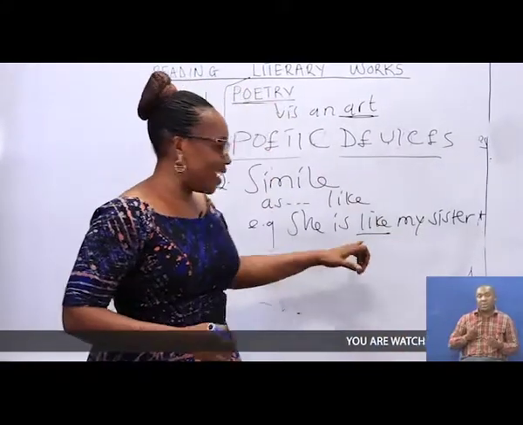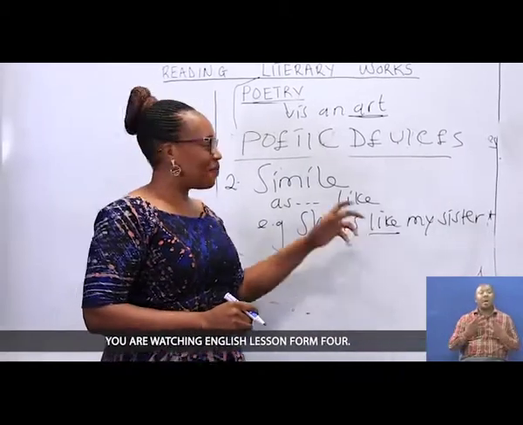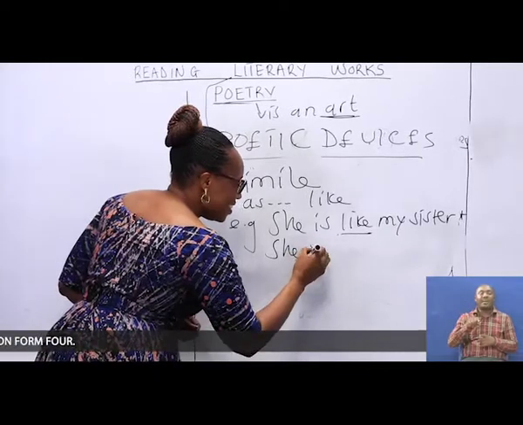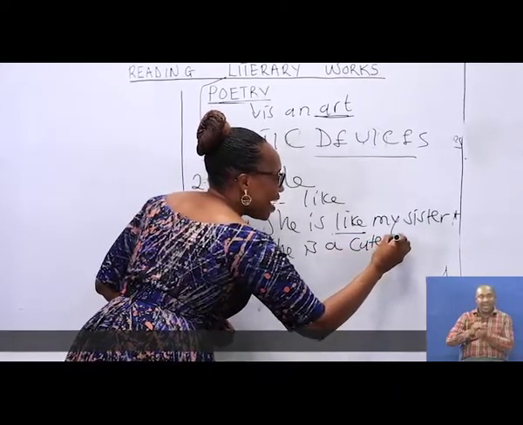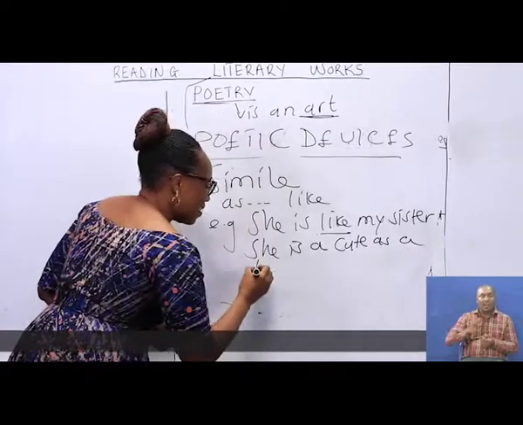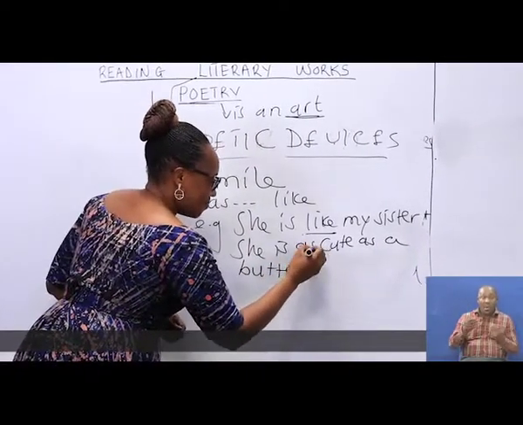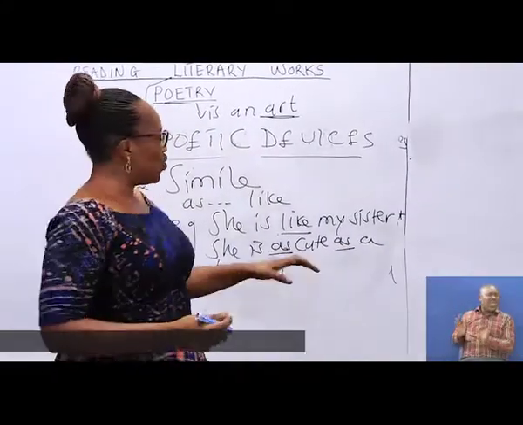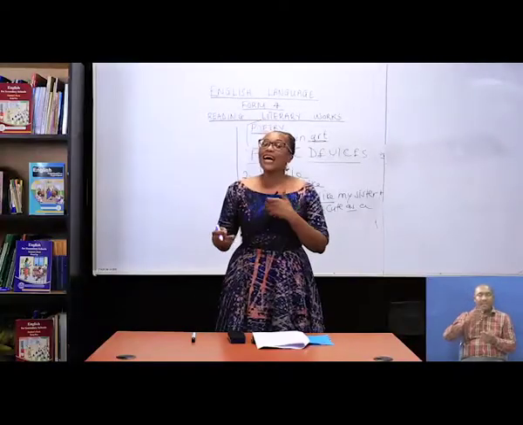So there, like is a poetic device. And also, if you say, she is as cute as a button. So you see the word as, then you know that is a simile.